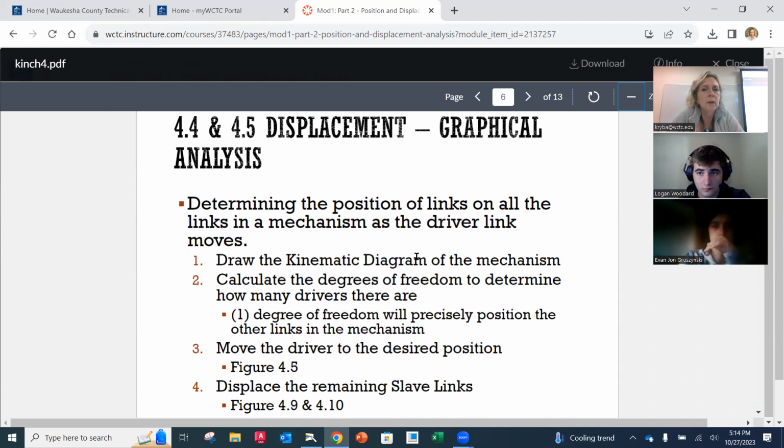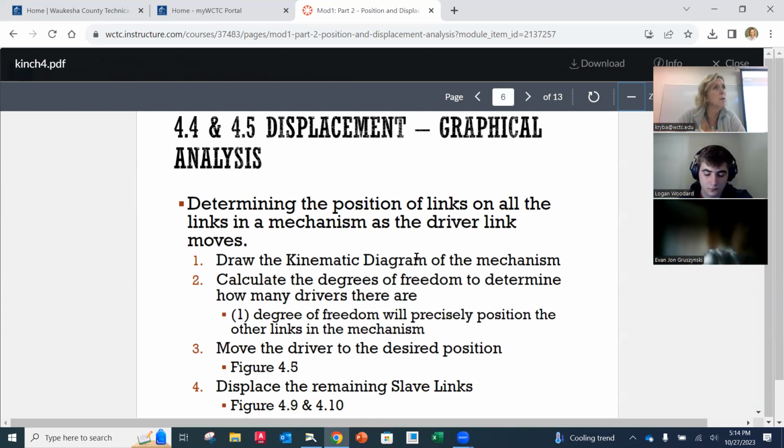So when we look at determining displacement using the graphical method, it's really about moving those diagrams that we create around. We're always going to start with a starting position, just like we did in chapter 1. So we're going to identify our frame, our crank, our connecting rod, and then whatever the output is, most often a sliding or an oscillating link.